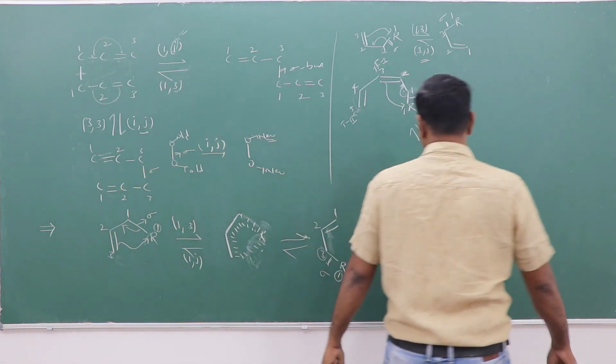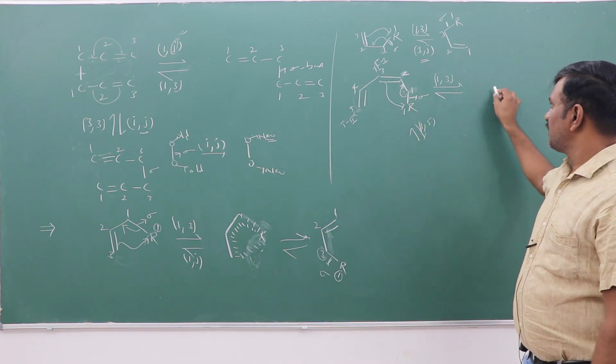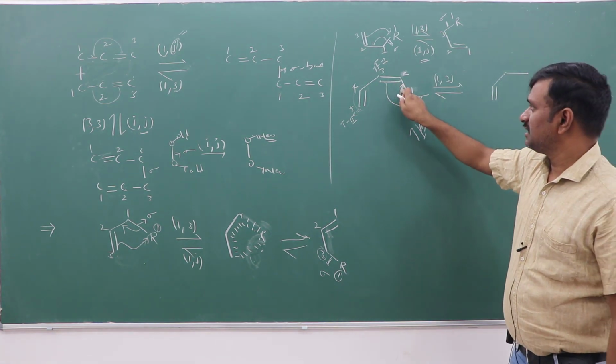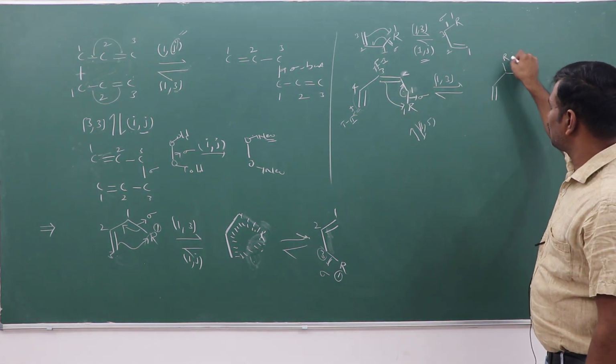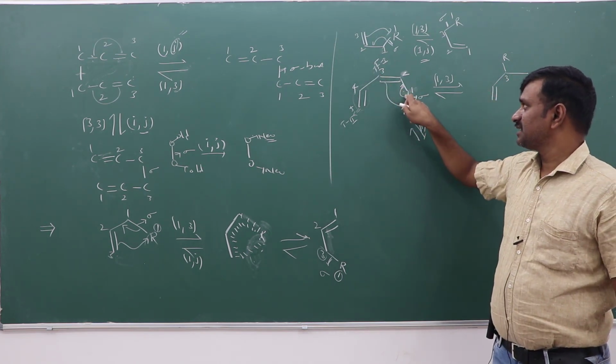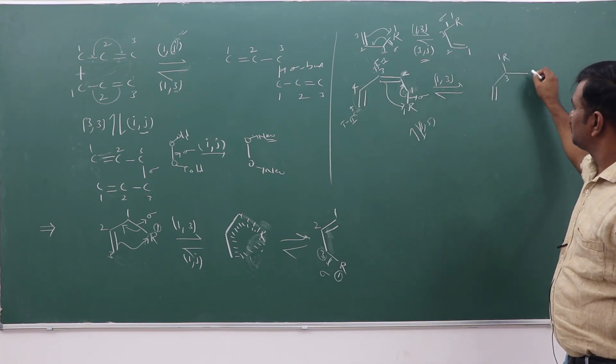Further, this is a 4 pi system. 1-3, so what will be happening? This is not changed. This position has the R group at the 3 position. The sigma bond migrates from the 1-1 position to the 1-3 position.